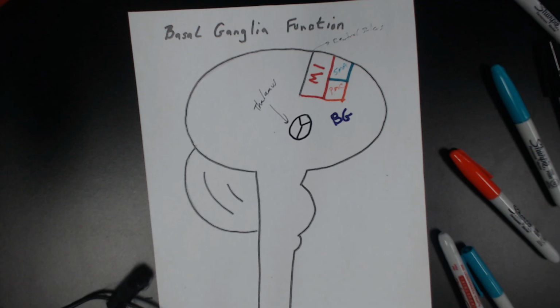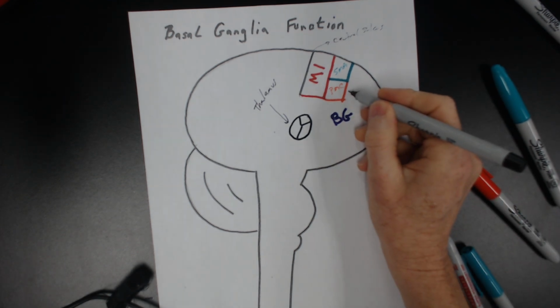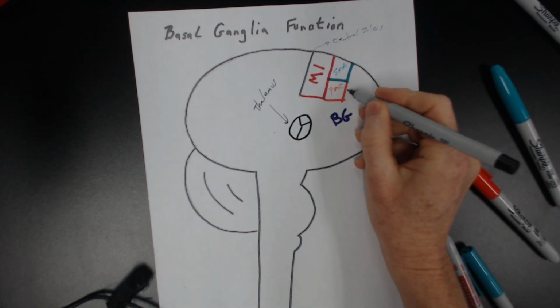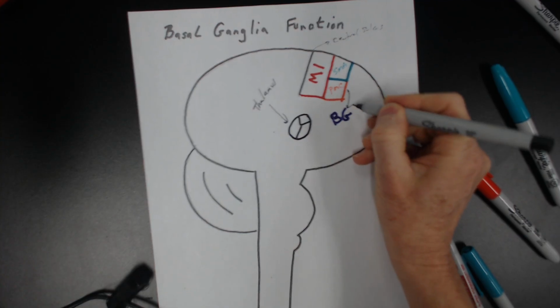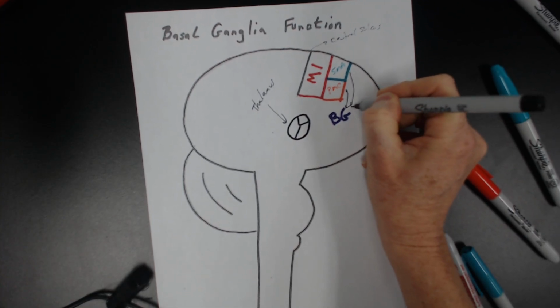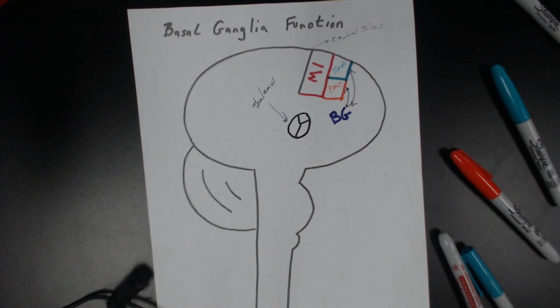If you remember before, what I talked about was information coming from the PMC and the SMA would come down and ask questions of the basal ganglia, and there was some information going back and forth between the two of them. Okay.